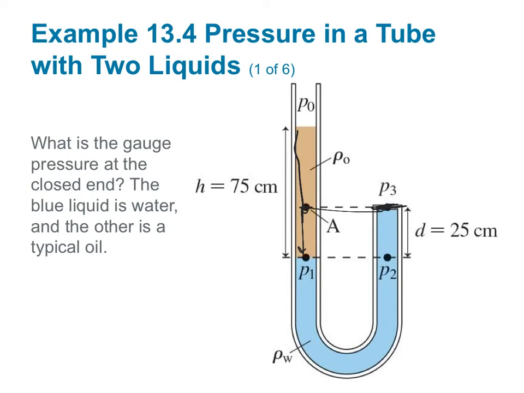The issue with that is that that only applies if you're looking at one fluid. If you've got a change in fluids, it doesn't apply anymore. So what we're going to have to do is find the pressure at P1, then say that's equal to the pressure at P2, make P2 the bottom pressure, the pressure at the depth, and make P3 that P sub naught in the equation to find it at the top.